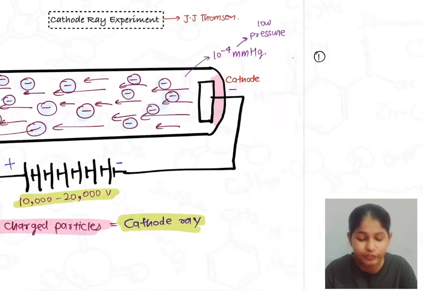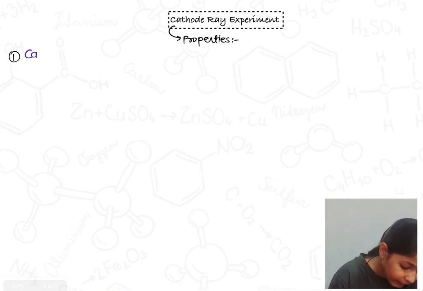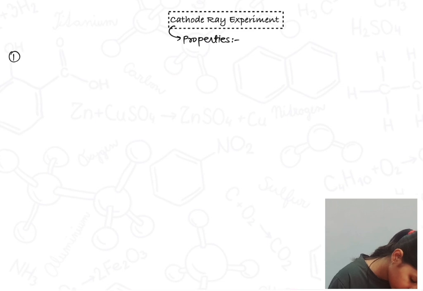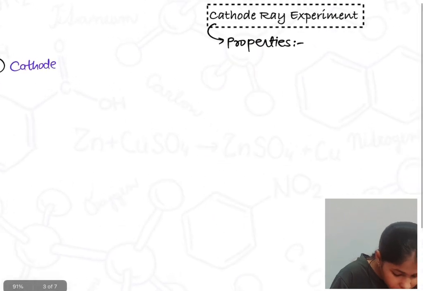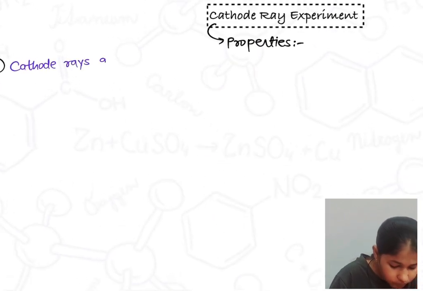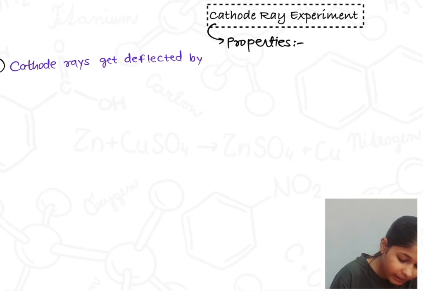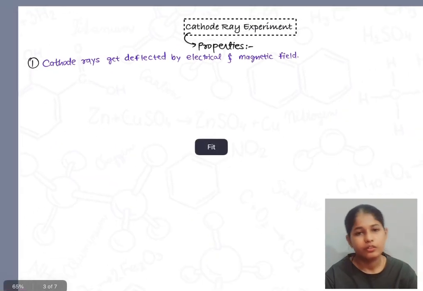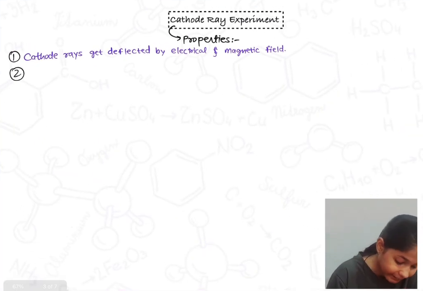So let me write here that the cathode ray gets deflected by electrical and magnetic field.